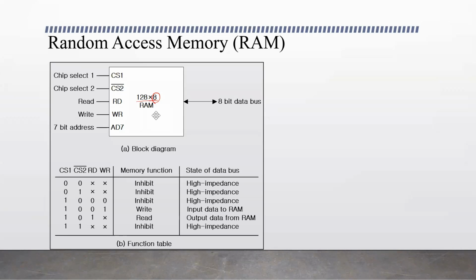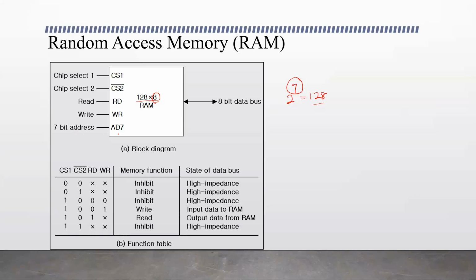Yes, somebody wrote the answer 7. Yes, 2 power 7 it is. So 7 bits are needed. 2 power 7 is 128. So we need 7 bits. 7 bits are needed to represent the address of this memory.